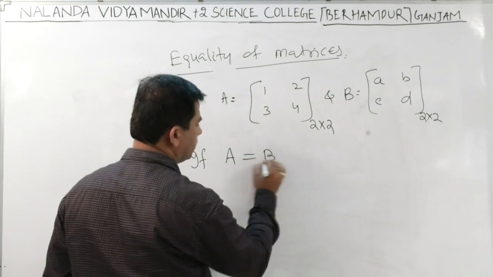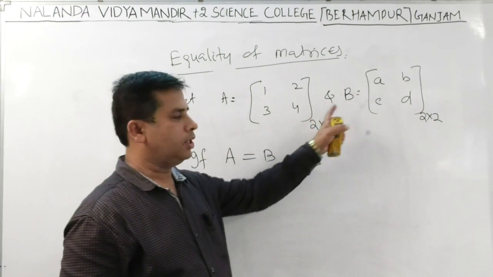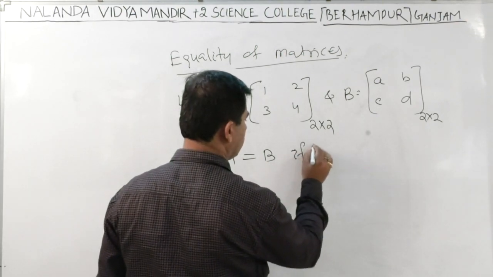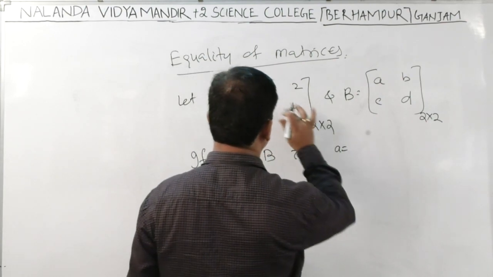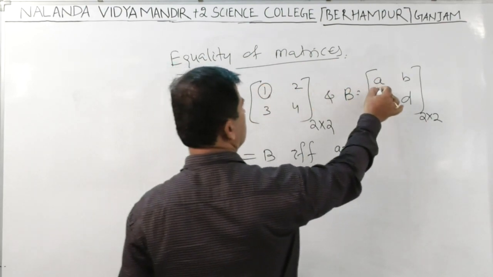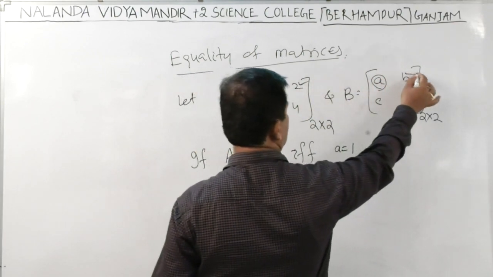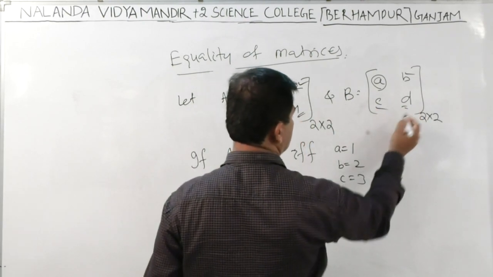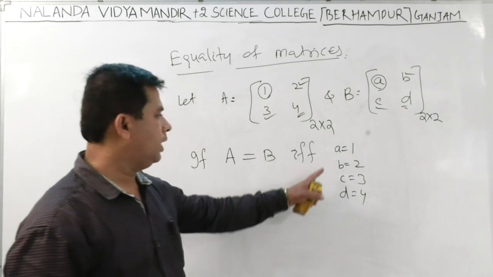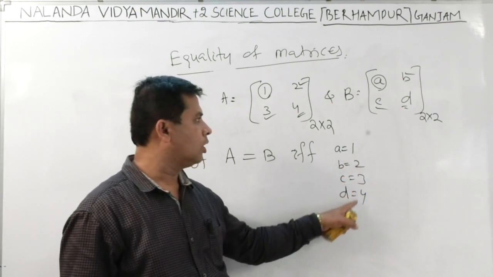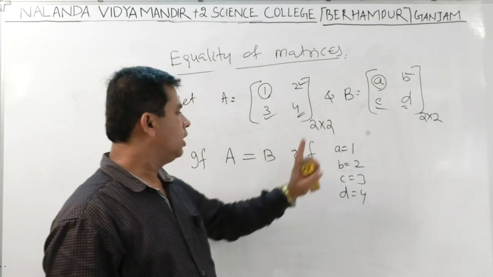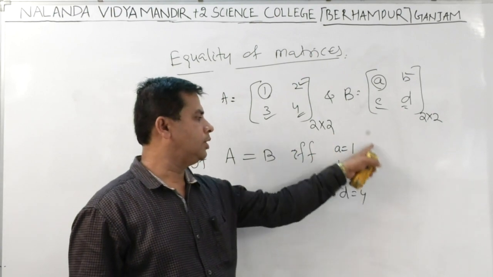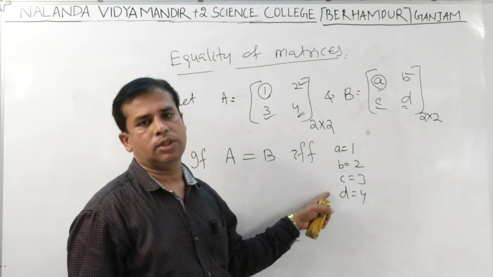We say two matrices A and B are equal if and only if the corresponding elements are equal: a is equal to 1, b is equal to 2, c is equal to 3 and d is equal to 4. If a = 1, b = 2, c = 3, d = 4, then we say A is equal to B.